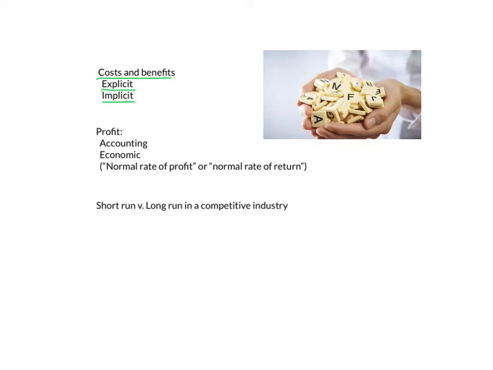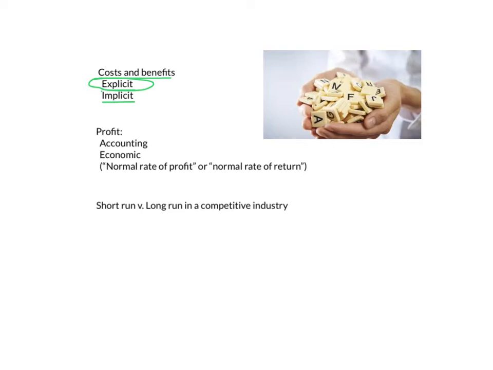And explicit costs and benefits are what most people think about when they think about costs and benefits, at least in the economy. An explicit cost is one where a firm pays out money, sends money from its checking account into somebody else's checking account.